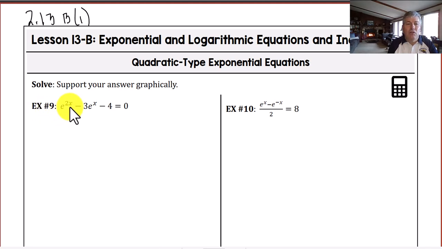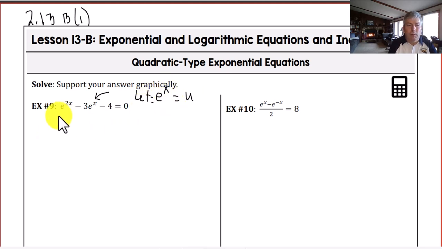We have e to the 2x minus 3e to the x minus 4 equals 0. Well, this is factorable. We'll go ahead and use U substitution here. And as a rule of thumb, usually the linear term is what we're going to use to do our U substitution. So we'll let e to the x equal u.